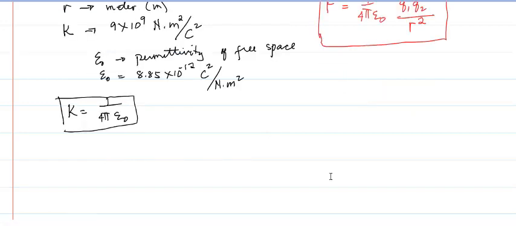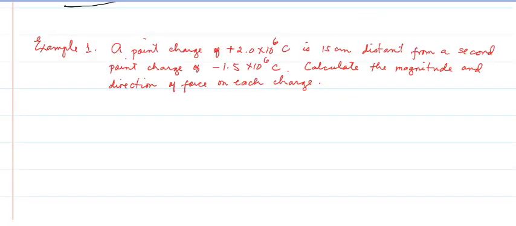Let's consider a specific example. Example 1. A point charge of positive 2.0 times 10 to the 6th coulomb is 15 centimeters distant from a second point charge of negative 1.5 times 10 to the 6th coulomb. Calculate the magnitude and direction of the force on each charge.